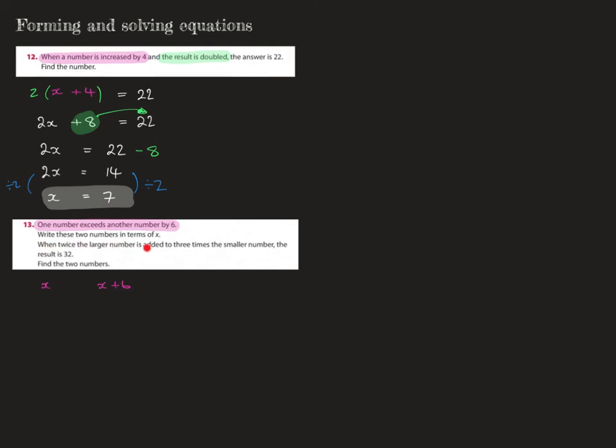When twice the larger number, so I'm going to put that down here in green, twice the larger number, okay? So 2 times x plus 6, is added to 3 times the smaller number.